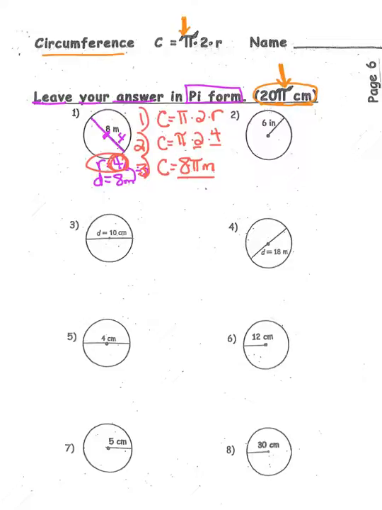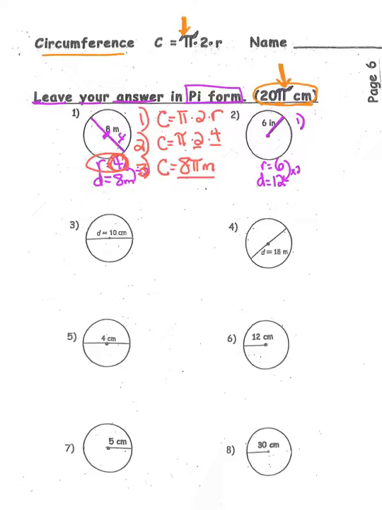Under that circle, write little r, little d. In this case, we're given a radius of 6 inches. To figure out the diameter length, we multiply by 2. We know the diameter is 12. Now we're ready to do the 3-step process to calculate the circumference in pi form.